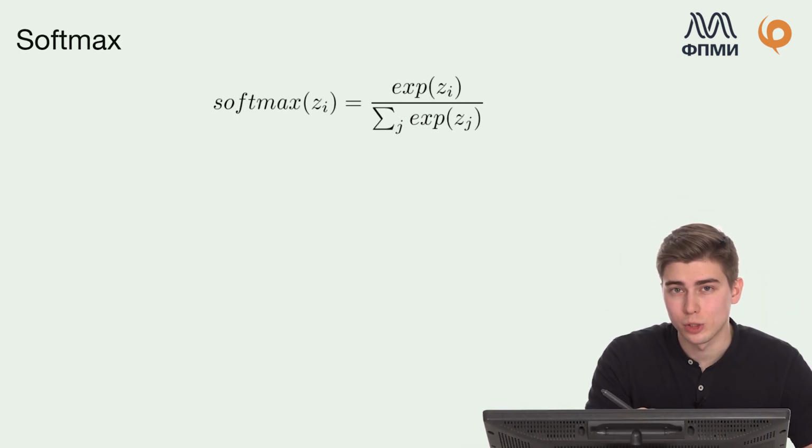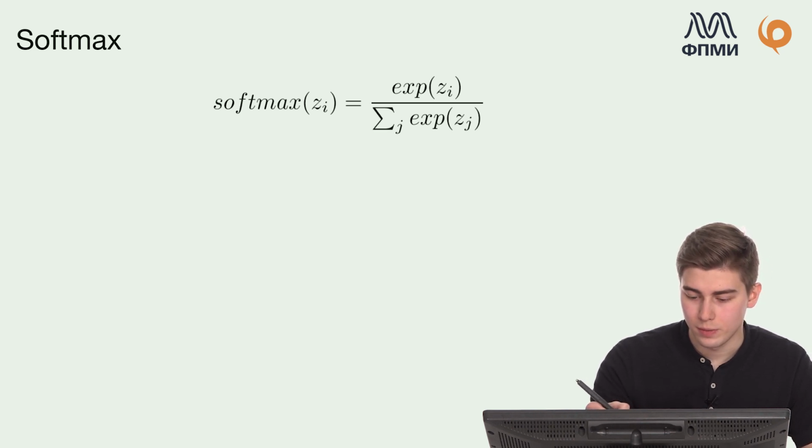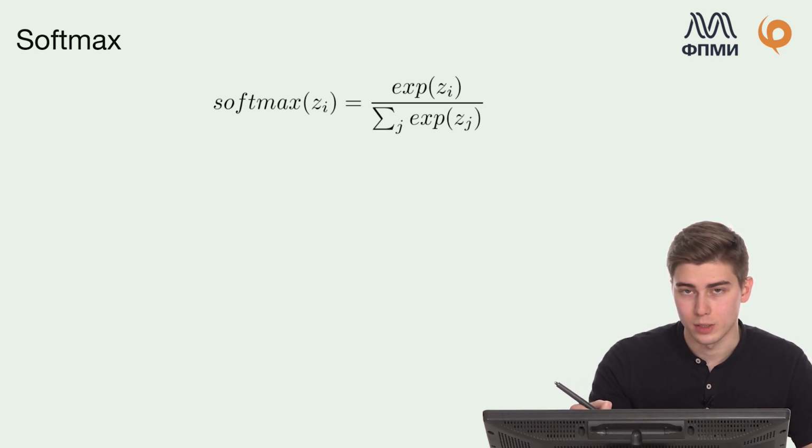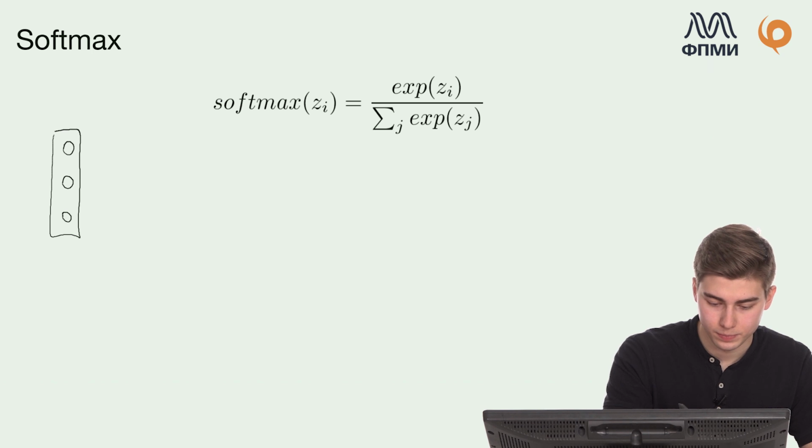So we need some special transformation of our scores for them to be like a probability distribution over our classes. And one that fits our goals is the Softmax function. Let me rewrite the previous result.